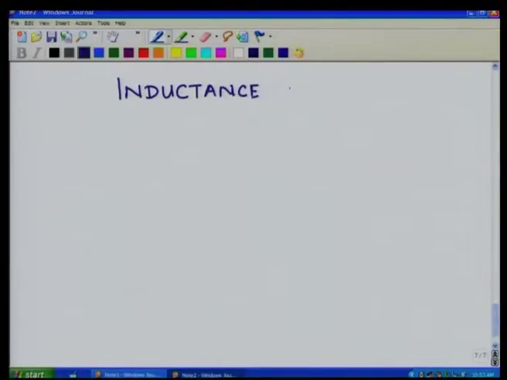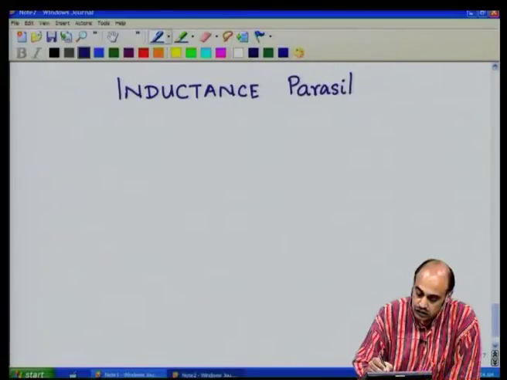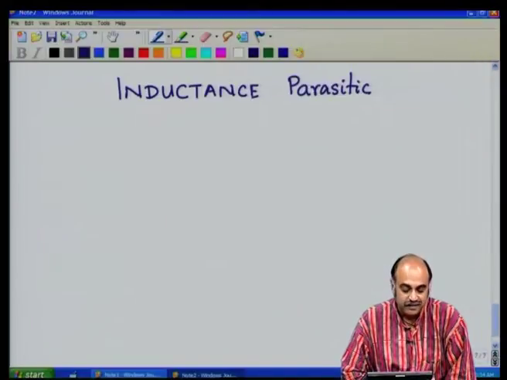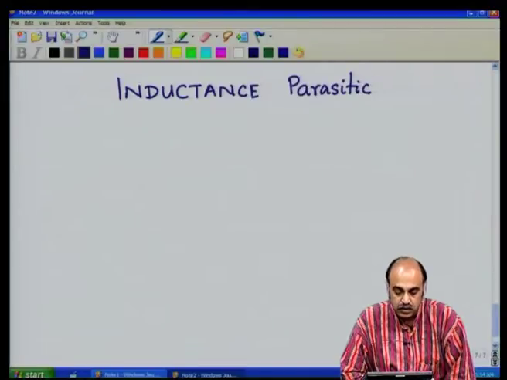It is a very dangerous parasitic that, combined with the capacitance, can cause quite a lot of havoc in electronic circuits. What you thought you had designed for will definitely not be the same circuit when you put it into the PCB, especially for high frequency signals.